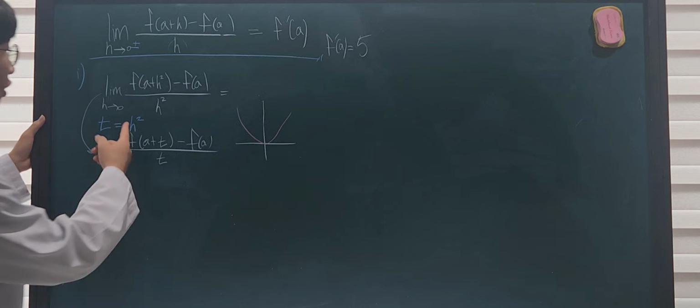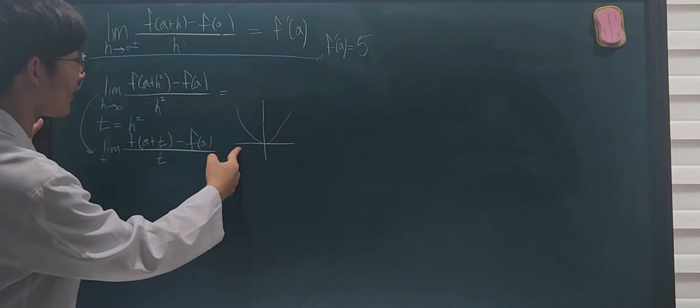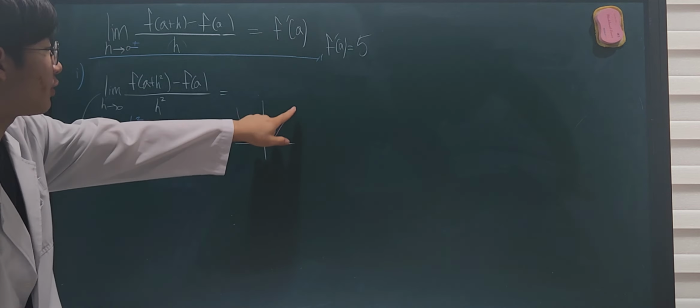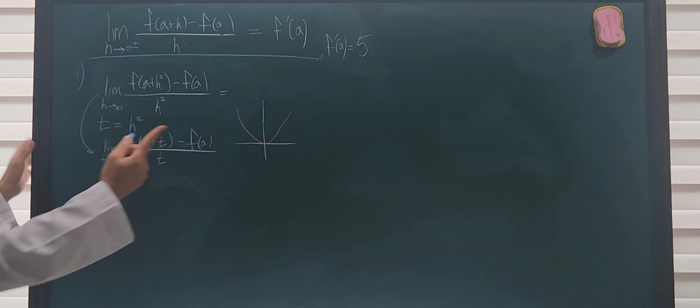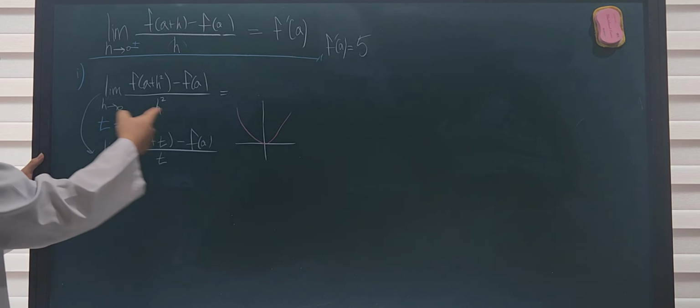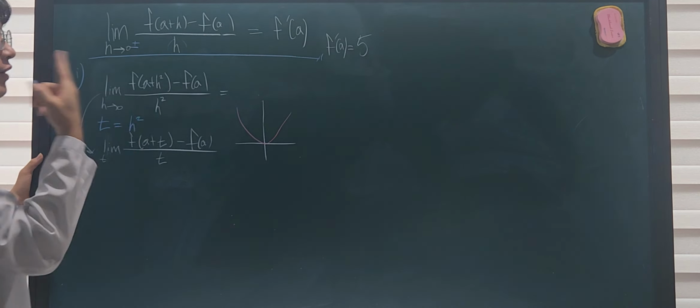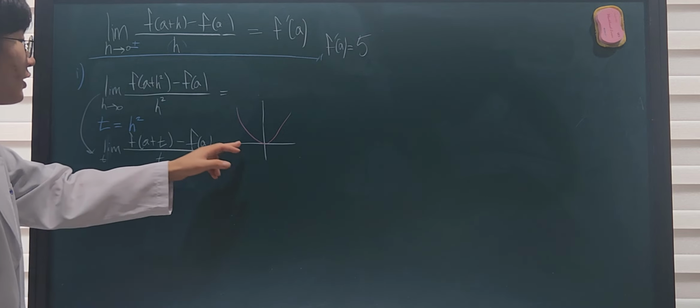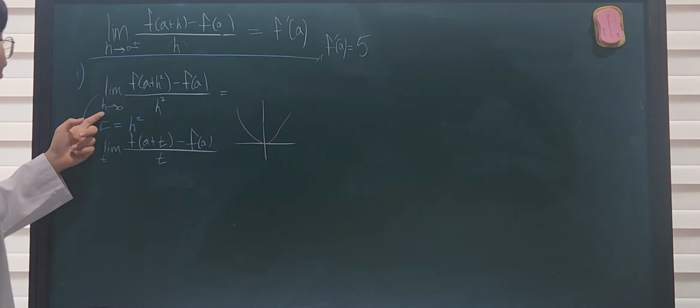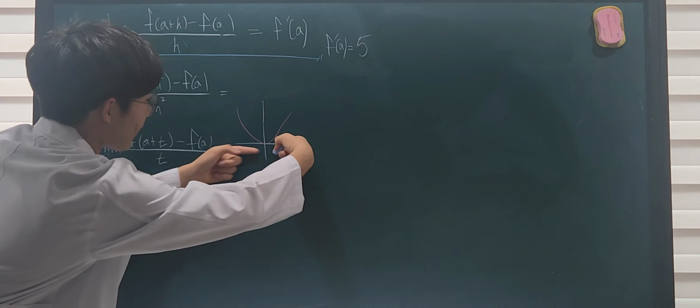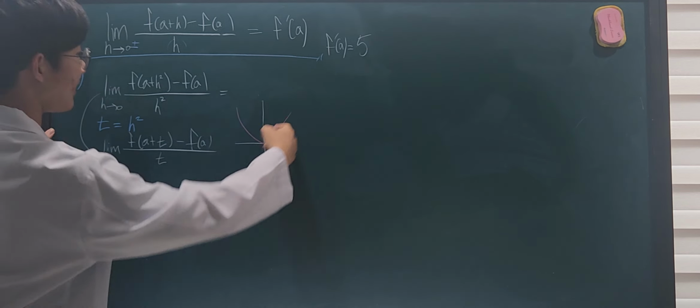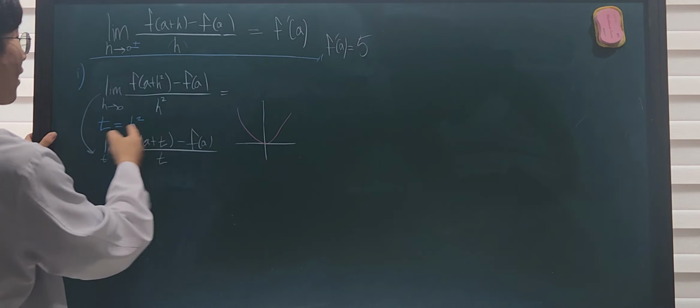h can approach 0 from both the positive and the negative side. And since this function signifies the y value of h squared, you will be able to see geometrically, or vividly, what h squared approaches as h approaches 0 from both sides. Because this is h squared and this is the y value.